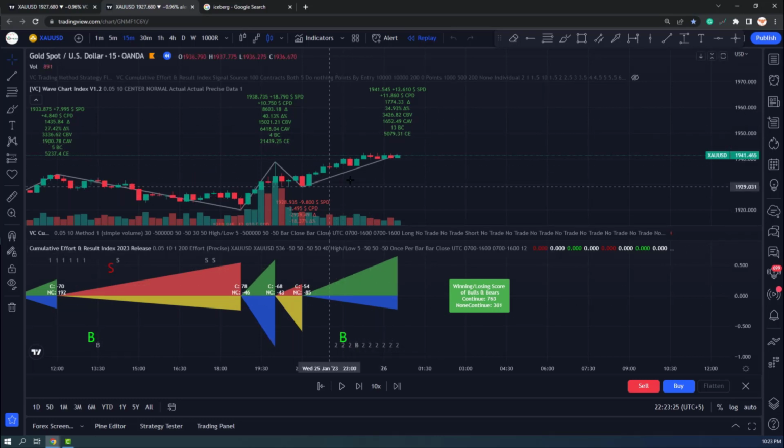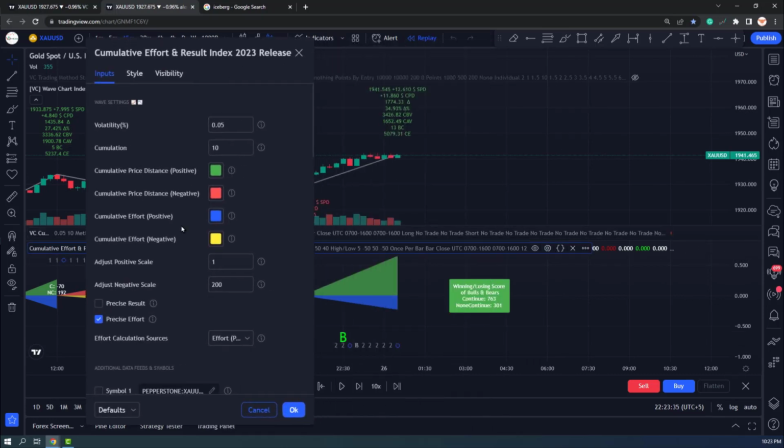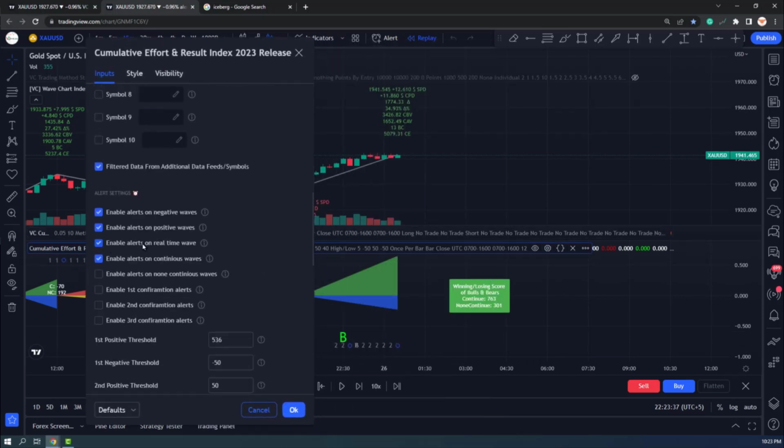Real-time means before the completion of the wave, while the wave is forming. So this is called real-time alerts. You got it? If I uncheck this real-time alert, you will notice that this will vanish because we have unchecked the real-time alerts.